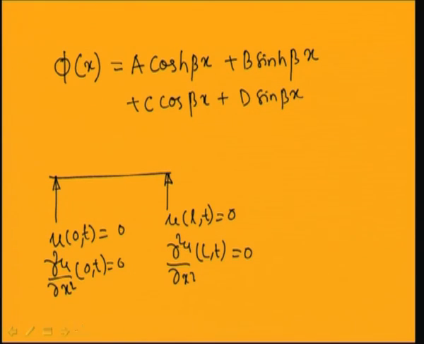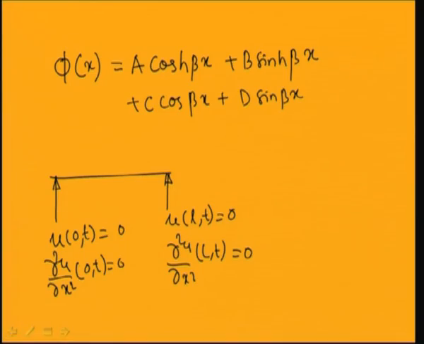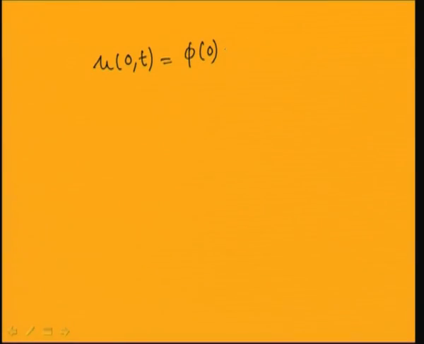In this case I can find, as u(0,t) equals 0, so I can write u(0,t). You know that u(0,t) equals phi(0) times q(t), which equals 0. As q(t) is not equal to 0, since t can take any time, phi(0) equals 0.